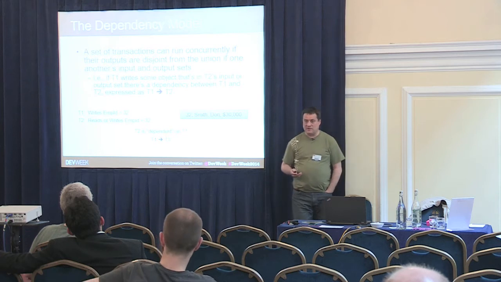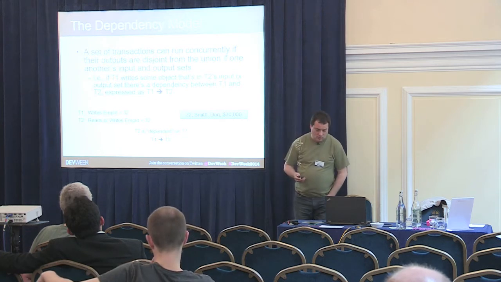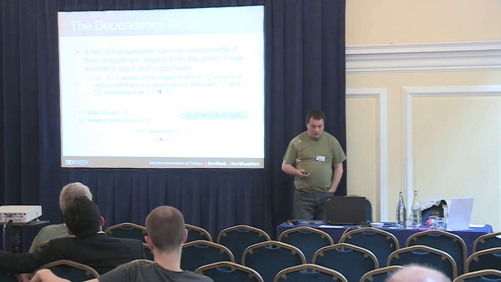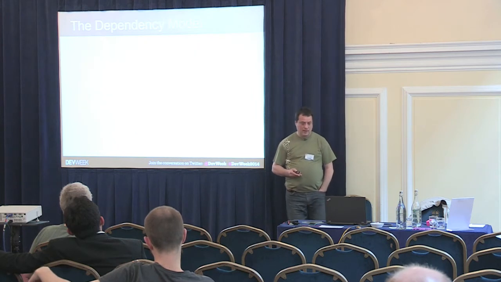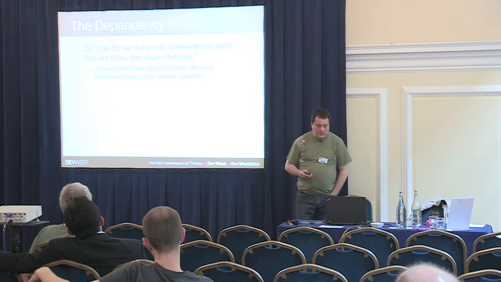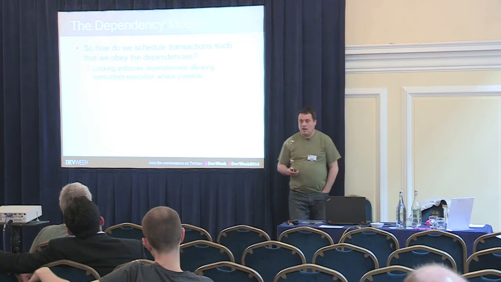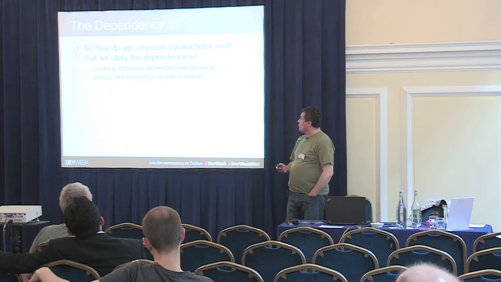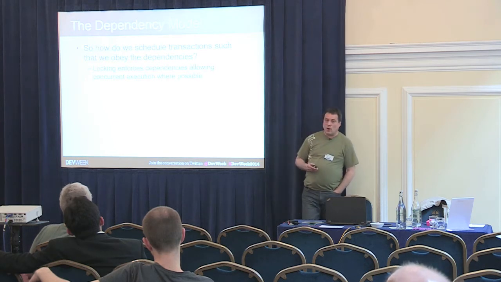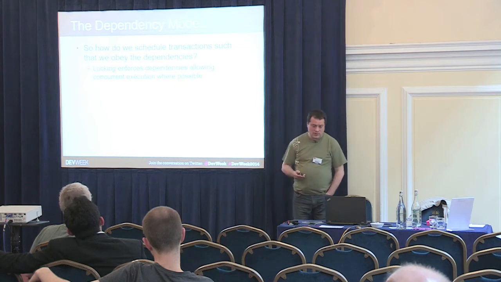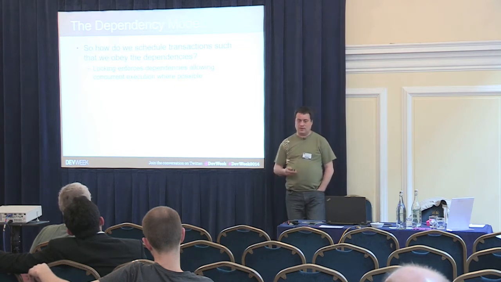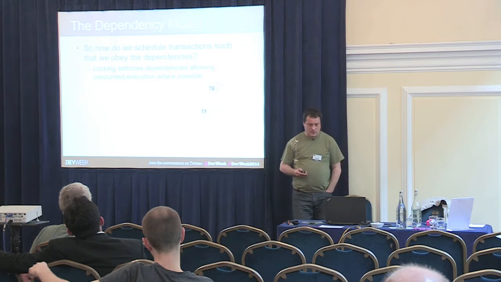So T2, we read this from right to left and say T2 is dependent on T1. Okay? Now, how do we schedule these transactions so we obey the dependencies? Typically, we start with locking to enforce these dependencies and use as little locking as possible to achieve as much concurrency of execution wherever it is possible.